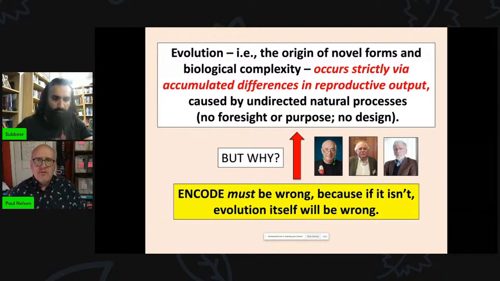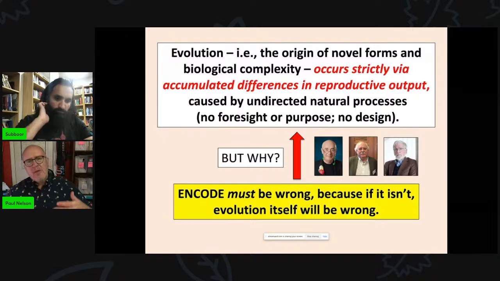Why? Evolution occurs strictly via accumulated differences in reproductive output caused by undirected natural processes. There's no foresight or purpose. There's no design. And by evolution, we should understand the origin of novel forms and biological complexity, which go hand in hand.